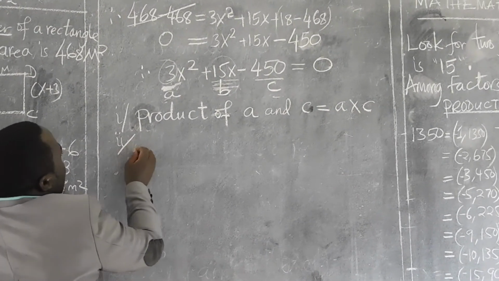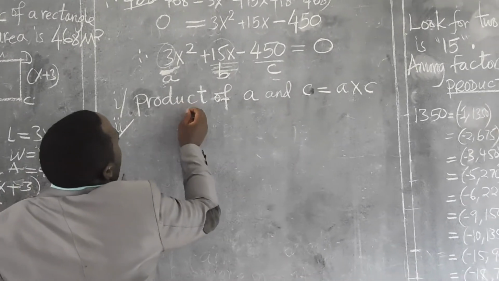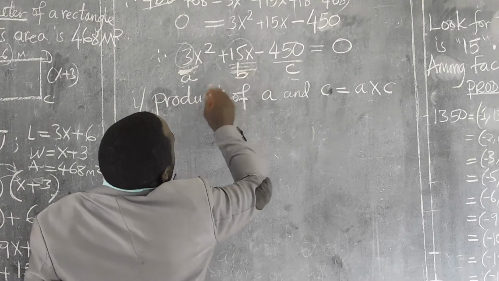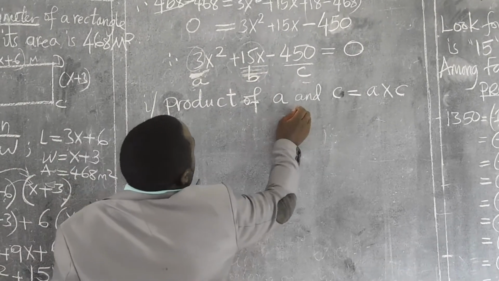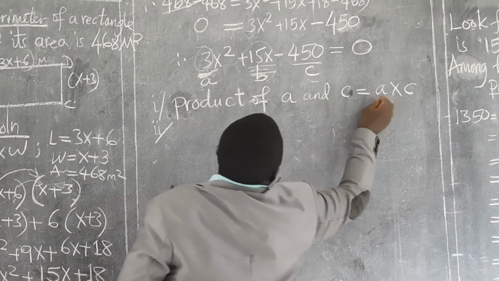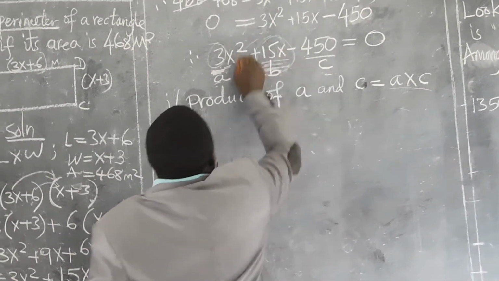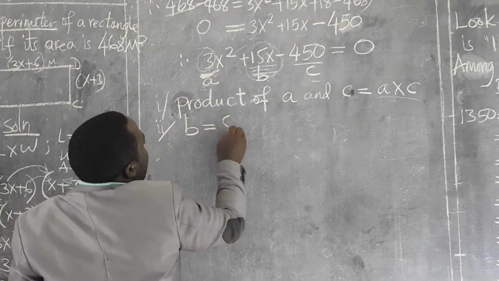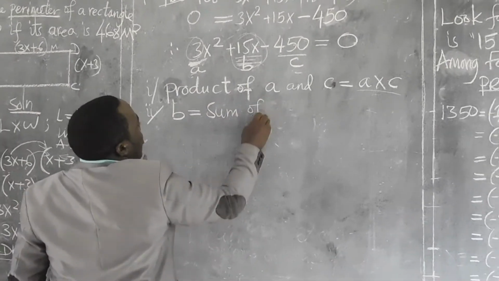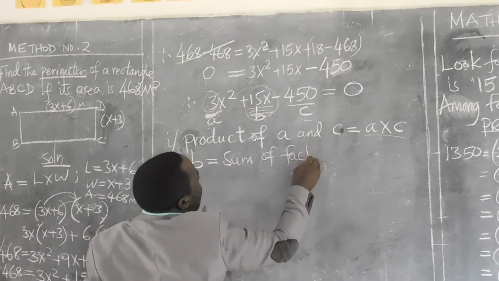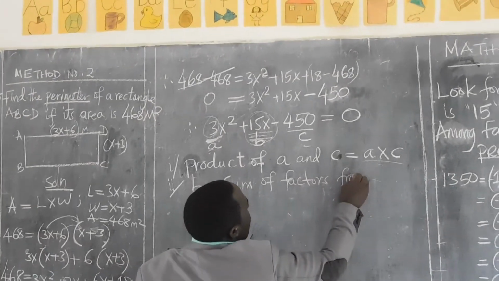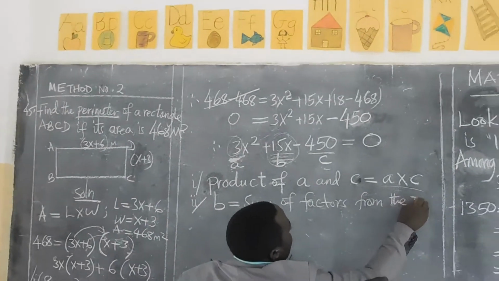Second, you have to know the sum of the factors that will be gotten from the product you have gotten there. So B is the sum of factors from the product.